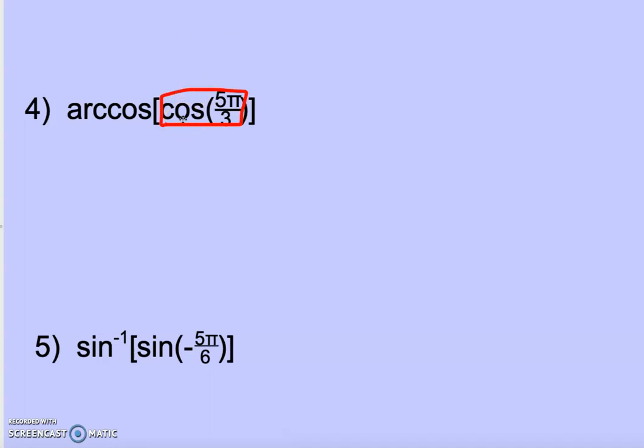It's not an arc cosine, it's a cosine. So anytime you're dealing with just a regular trig function, we go to our unit circle. 5 pi over 3 is where? It's in quadrant 4, and it's a steep angle. And I know that the quadrant 4 steep angle value right there for cosine is positive 1/2.